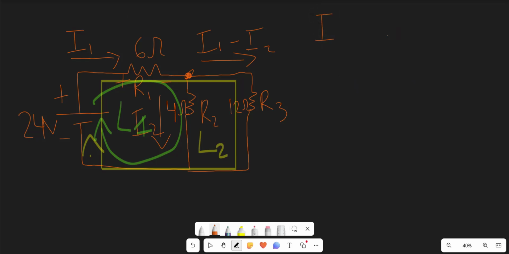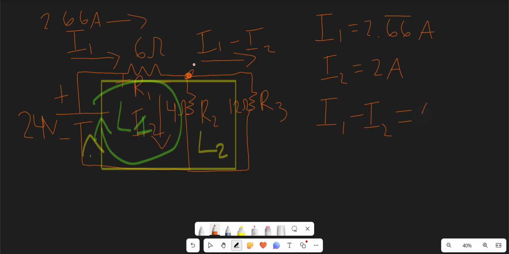So if we label that here, this will be 2.66 amps of current flowing towards the node, and then once it gets there, it's going to split off into I2 and then I3, which is better known as I1 minus I2. So let's compute I1 minus I2. So 2.66 repeating minus 2 is just going to be 0.66 repeating. So this is how much current we have flowing through the R3 resistor.